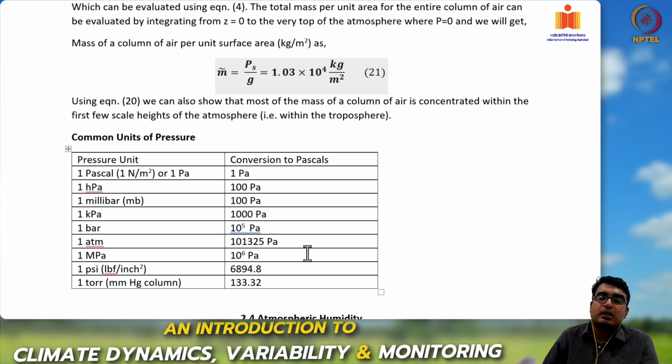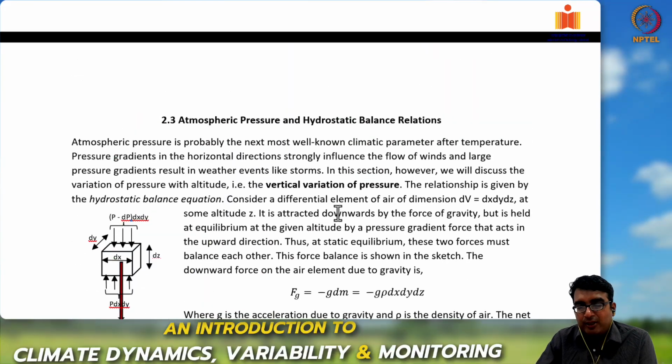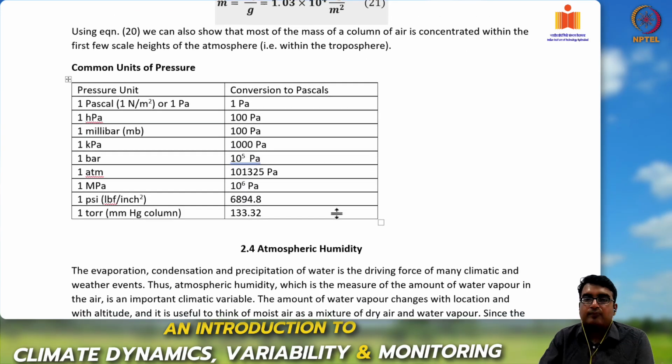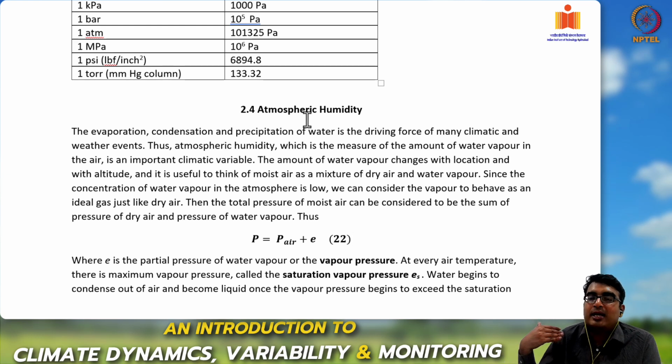Okay. So, this kind of completes our initial discussion on pressure and the vertical variation of pressure, how to solve for it. Okay. In the next class, we will discuss atmospheric humidity, which is another very important variable when it comes to climatology as well as weather, because when air is hot and humid, you will have convection currents that leads to cloud formation, and as well as the fact that water vapor is a strong greenhouse gas.